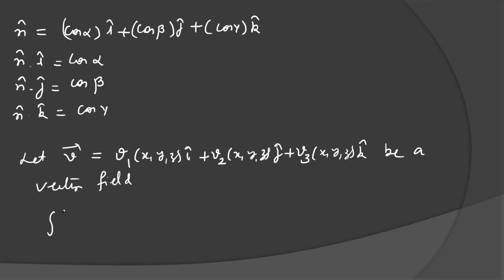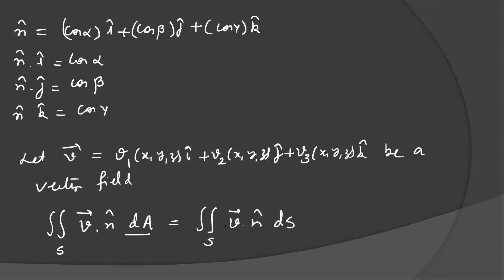Then the surface integral is defined over the surface S of v dot n cap dA. dA is the area element here. Some people represent it as dS also. Another notation is v dot n cap dS, but I will prefer the dA notation. S is the surface here. This is representing the surface integral.